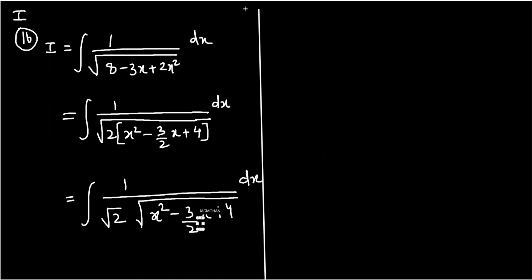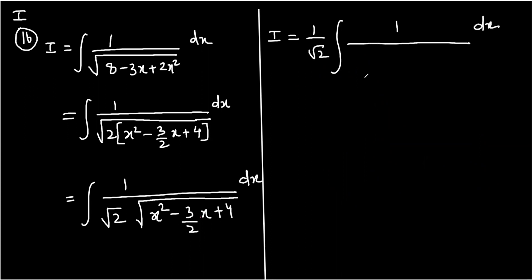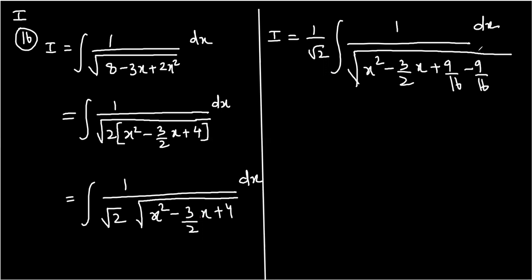So the next step I write is, therefore I equals, this 1 upon root 2 being a constant, it can be taken outside the integral sign. And here I have 1 dx, and then I have square root of x square minus 3 by 2x plus 9 over 16. I add 9 over 16, I shall subtract 9 over 16, and plus 4.